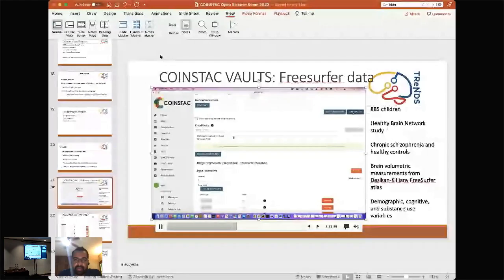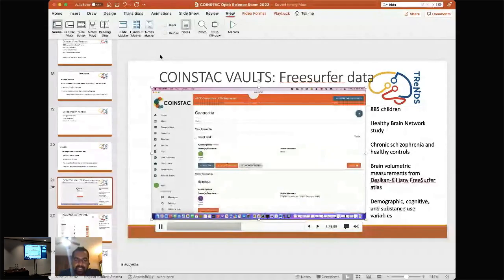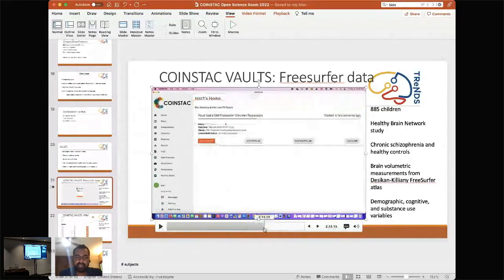We save the pipeline, and we go back to the consortium, and we set the active pipeline that we just created, and we start the pipeline. So it's running now. You see the progress.